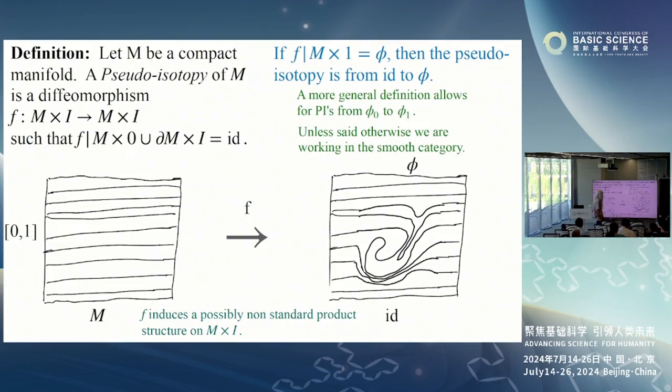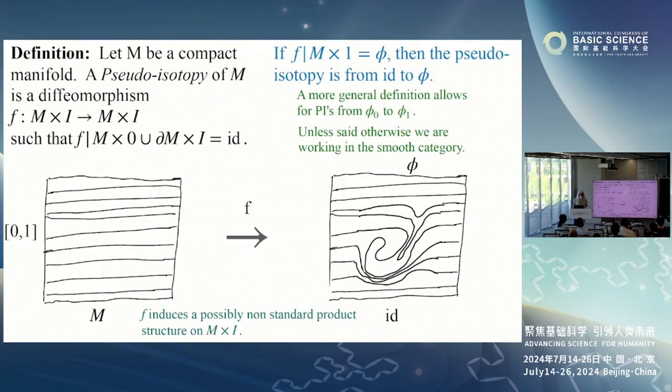But to get some type of visceral feel, look at this picture. Really, pseudo-isotopy is a way of assigning a sort of non-standard, typically, product structure on M cross I. So the thing is that, to me, coming from low dimensions, the existence of such a thing is kind of surprising.